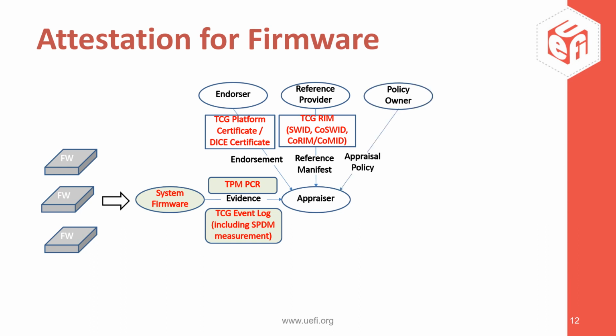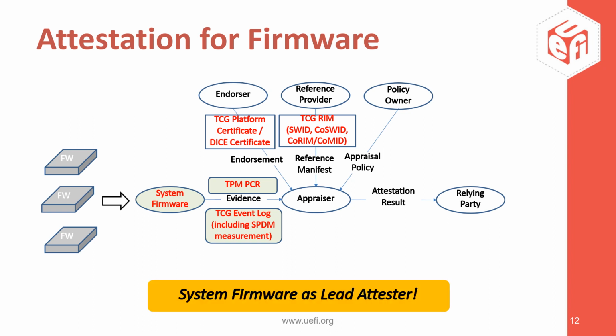It compares what it sees from the TPM versus the references and endorsements it gets from the manufacturer of the platform and various other endorsers. And it looks at the appraisal policy of the owner and produces a result to the entity and the environment that is asking for this appraisal.